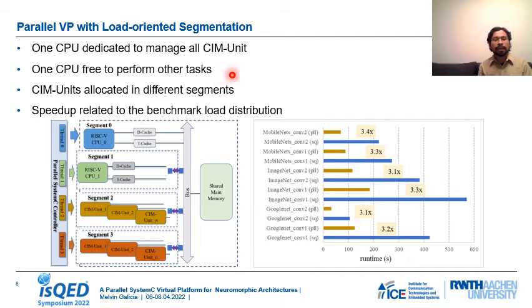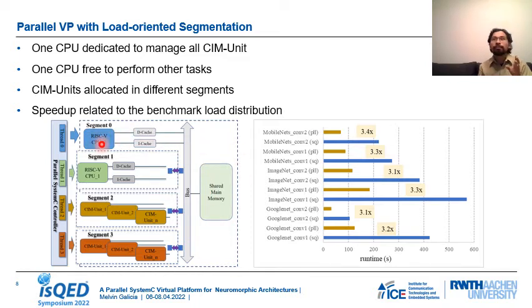Now I will explain the one that we call load-oriented segmentation, because we have this parallelization way of doing it by segments. We can divide the whole virtual platform in different ways. Take a look here. Now we have segment 0 that only contains the CPU and the shared memory.